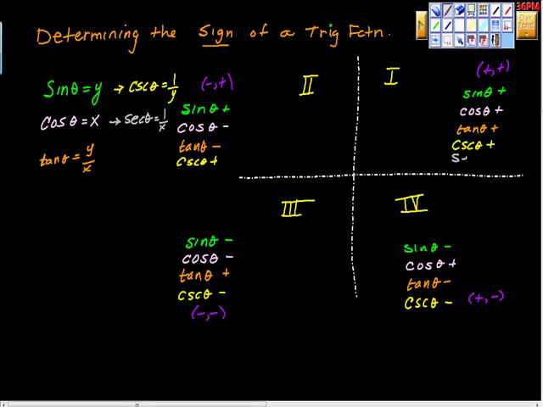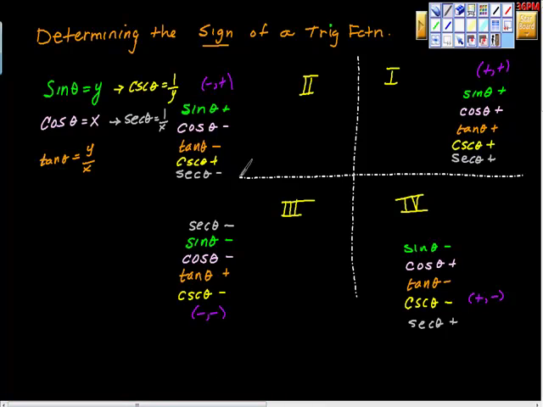So secant theta is positive here because x is, and also positive here. Here x is negative, so, wow, I almost screwed that up. Secant theta is negative here, and also negative here, right?